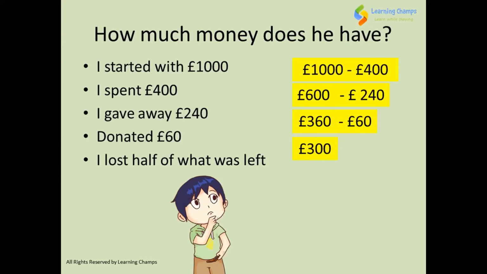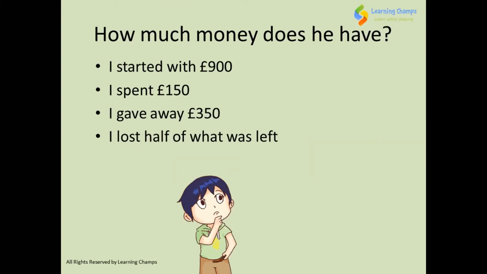And then he donated 60 pounds from that and lost half of it. Can someone tell me what is the half of this? 150 pounds. So he has 150 pounds remaining. Is this clear? Yes, teacher. Okay. What about this? I started with 900 pounds.